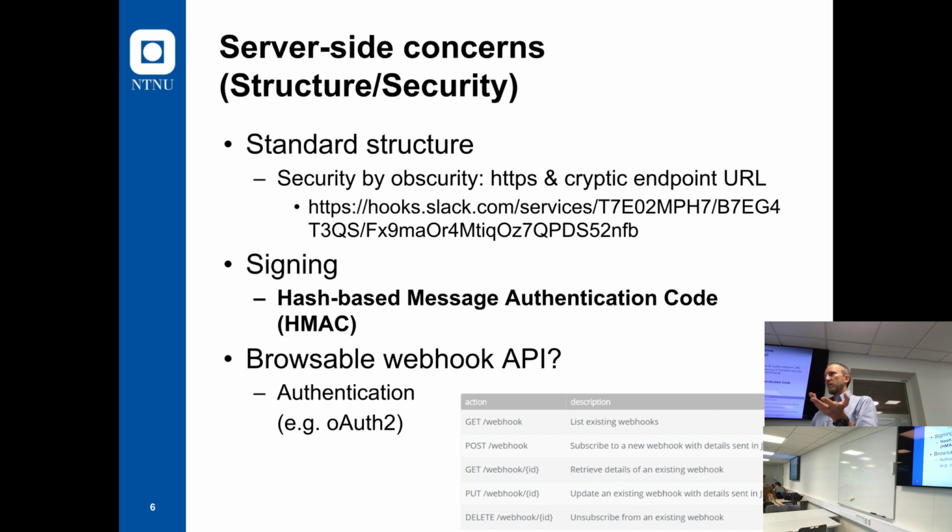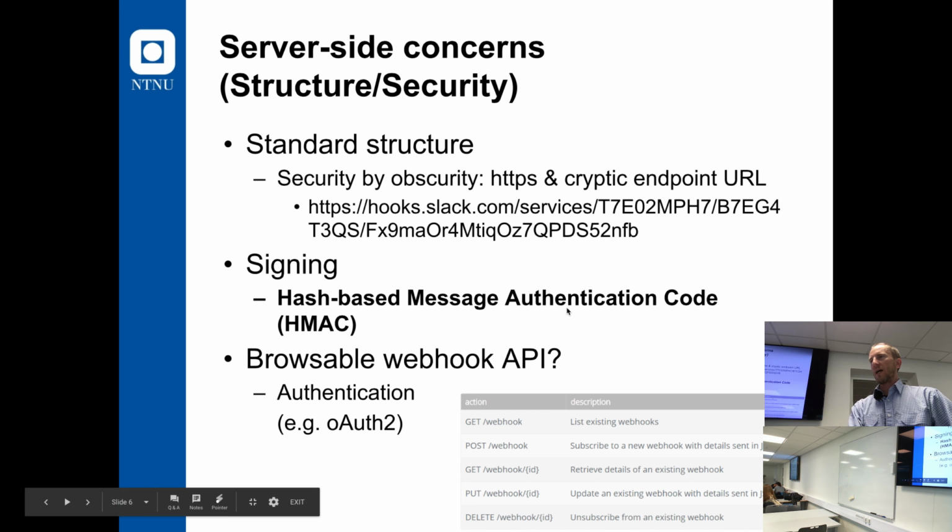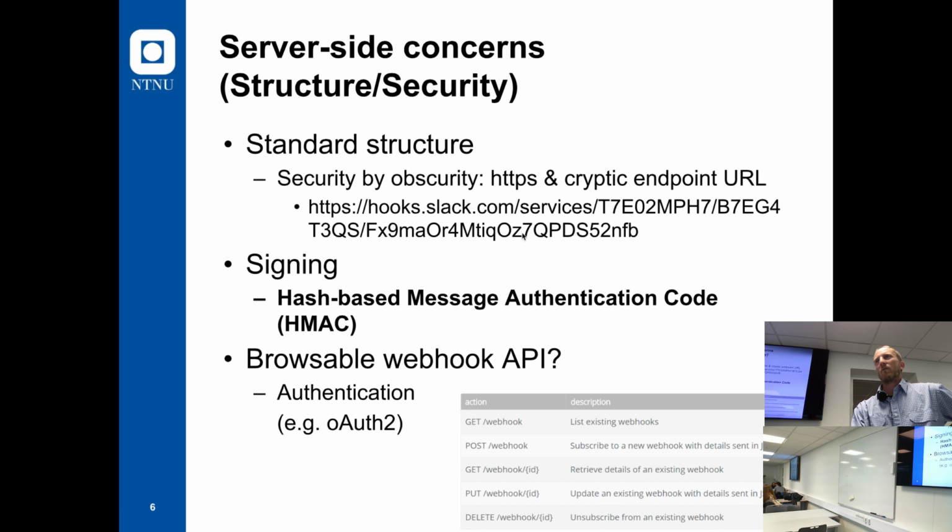So there are those problems of the actual business logic. There are also problems with security because we have to have some of the things opened. For example, if you register a webhook with Slack, you will see that you have this kind of an obscure URL, right, which you're not supposed to share with anybody. Why is that?